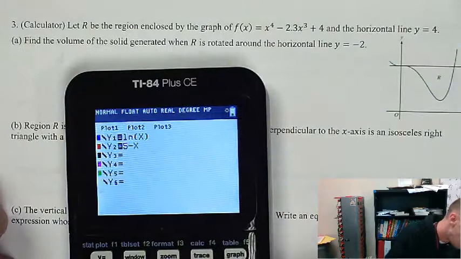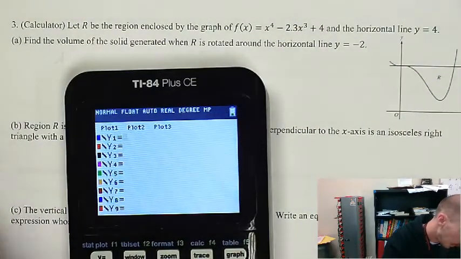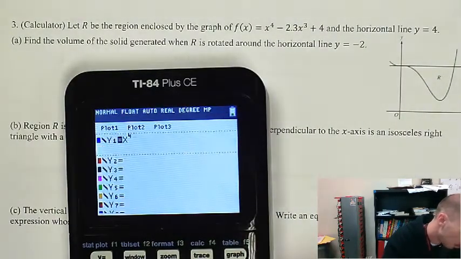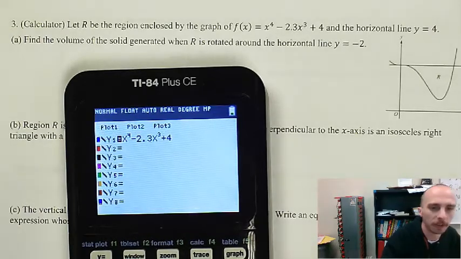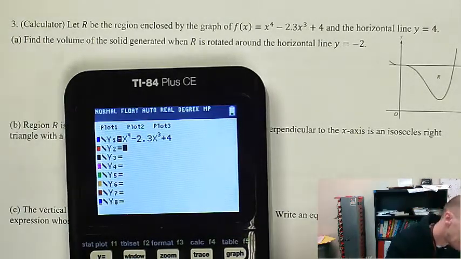All right, so it's going to be x to the 4 minus 2.3x to the 3 plus 4. I'm realizing that I can tell you that it's going to be at x equals 2.3.